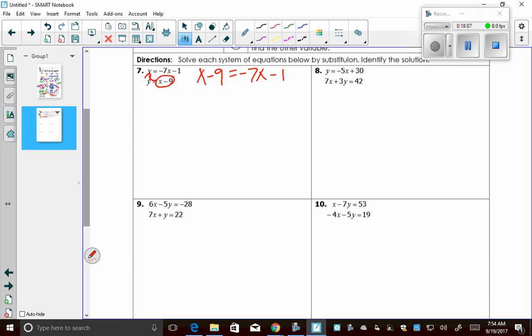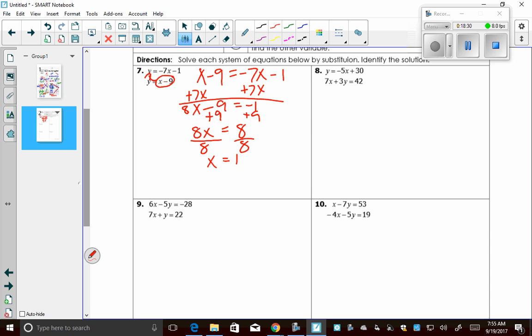So then just solve for x. To solve for x, I'm going to add 7x to both sides. So I get 8x minus 9 is equal to negative 1. Add 9. 8x is equal to 8. Divide by 8, and I get x is equal to 1.